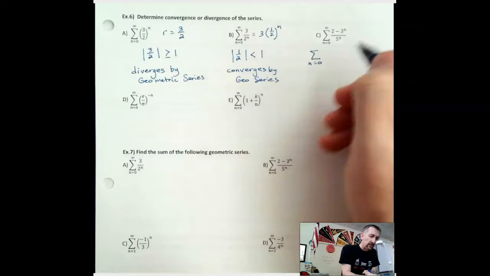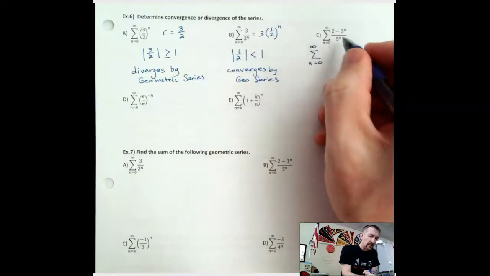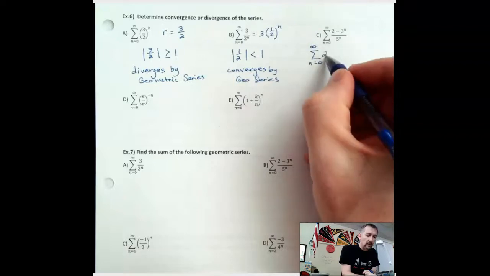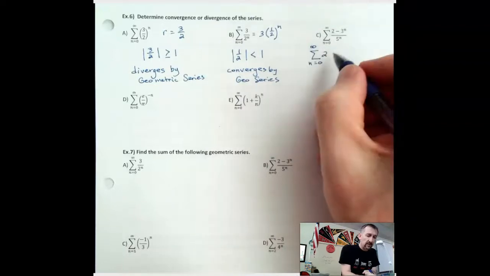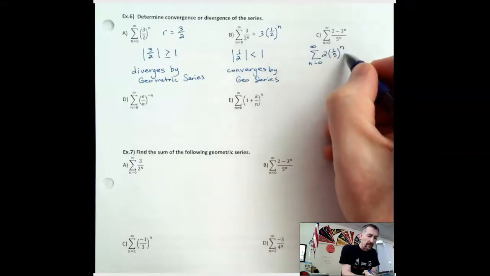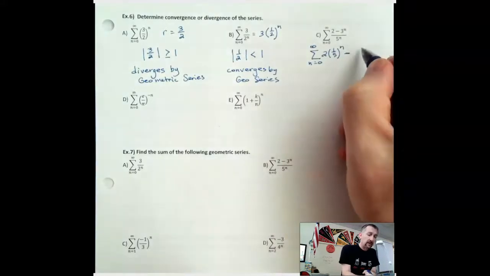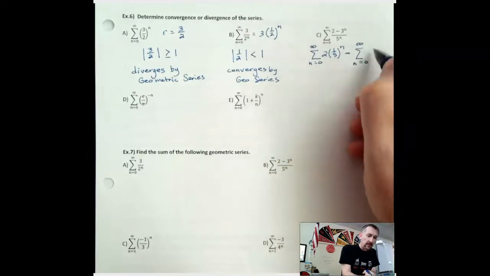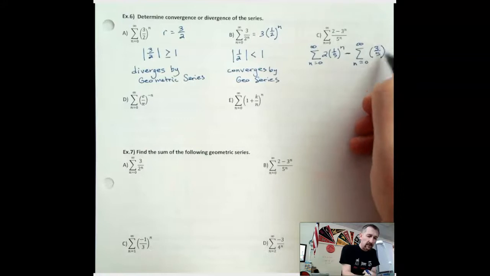Okay, over here we're going to split this one up. So we have n equals 0 to infinity of, so this would be 2, and then similar to the one over there, that would be 1/5 to the n. Okay, minus, and then we would have another one, and that would be 3/5 to the n.